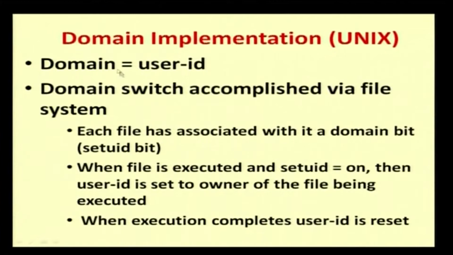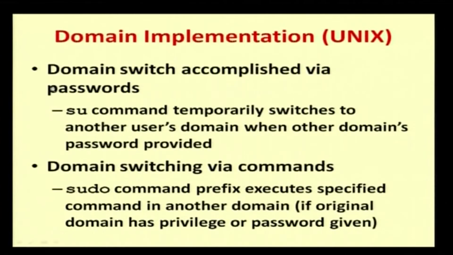First thing is it got accomplished via a file system. In the case of file system, if you are able to access and if the other is not able to access, then that is because of file system. Second is it is accomplished via passwords, that is, for using a particular privilege you assign certain passwords to it.